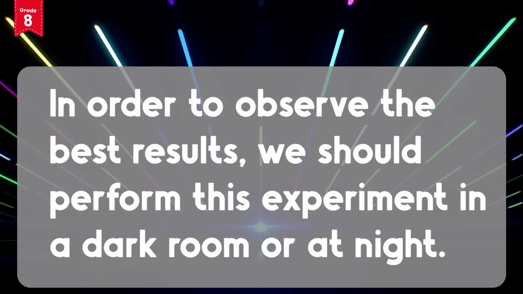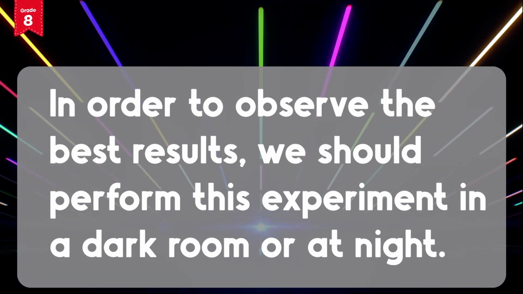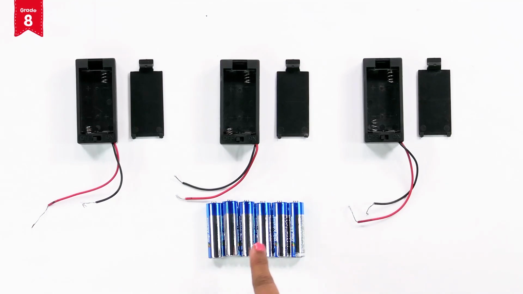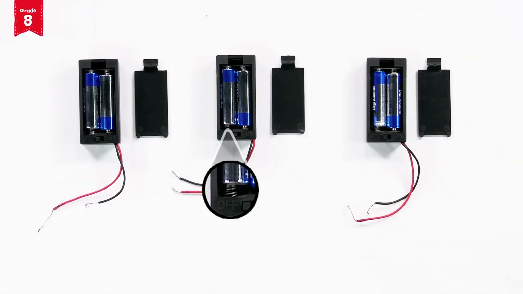In order to observe the best results, we should perform this experiment in a dark room or at night. Put the batteries in the battery holders. The negative terminal of the battery should be towards the spring of the battery holder. Now, close the battery holders.